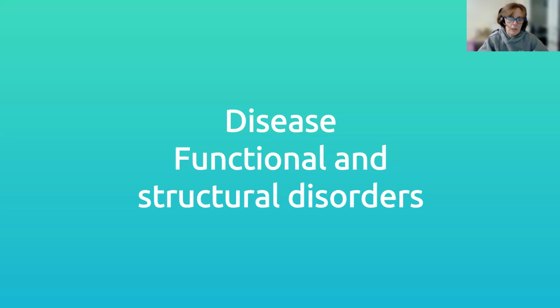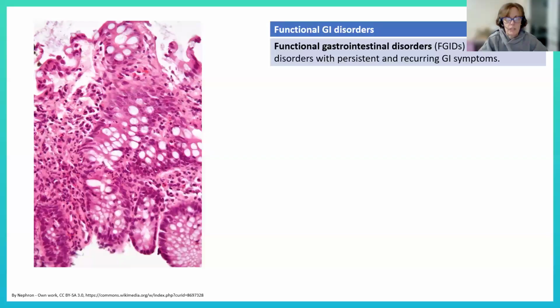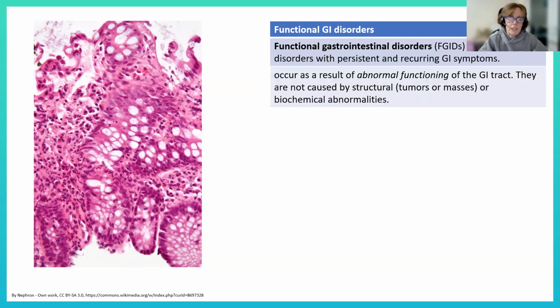Okay, so last little bit that we need to do for this assessment criterion is disease and functional and structural disorders of the gut. So with the digestive system, we can have functional gastrointestinal disorders and structural disorders. So functional are disorders where there are persistent and reoccurring gastrointestinal symptoms.